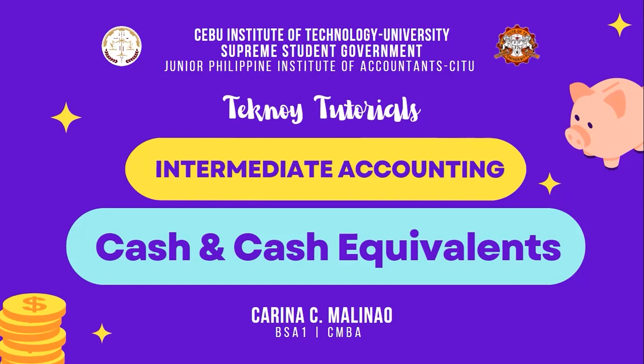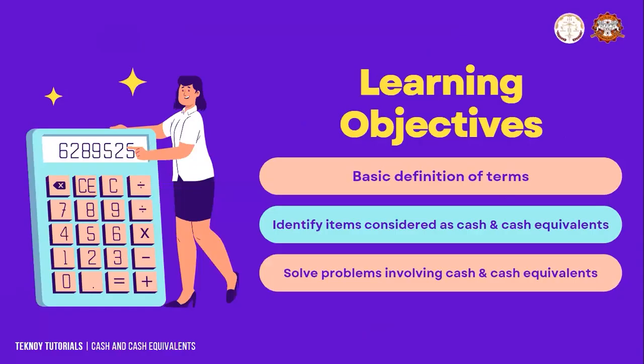I'm sure you are, but before we proceed to the lecture, here are the learning objectives you are expected to accomplish and comprehend at the end of this video. First, you'll be able to familiarize the basic terminologies and definitions that concern cash and cash equivalents.